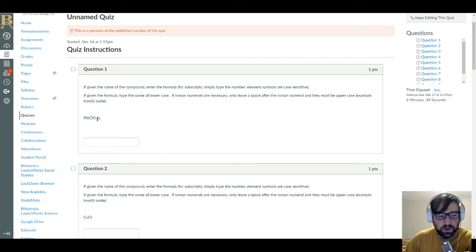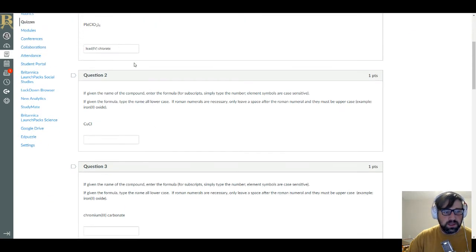There's 4 chlorates. Chlorates are -1, which means total of -4 means it's going to be lead 4. So lead 4 space chlorate. There we go. That's done.